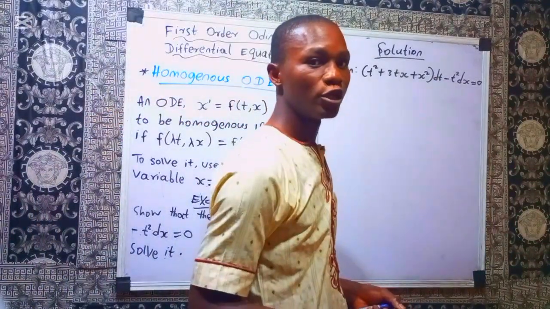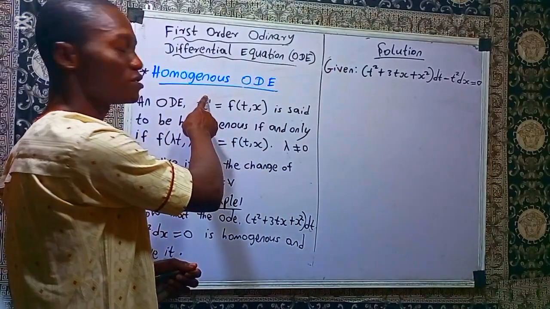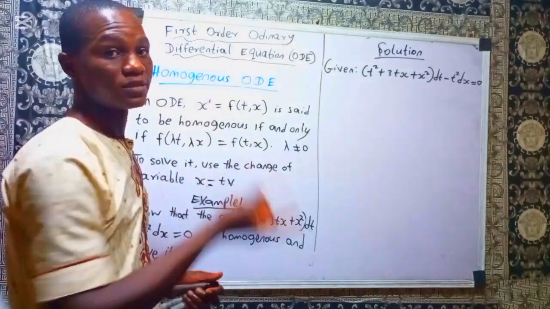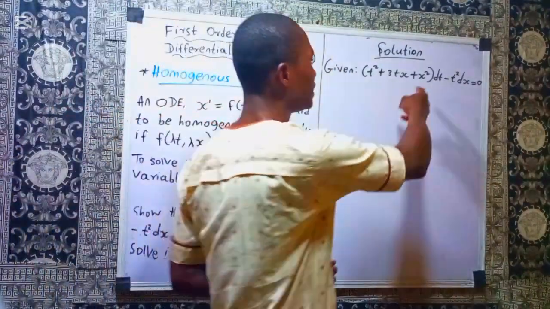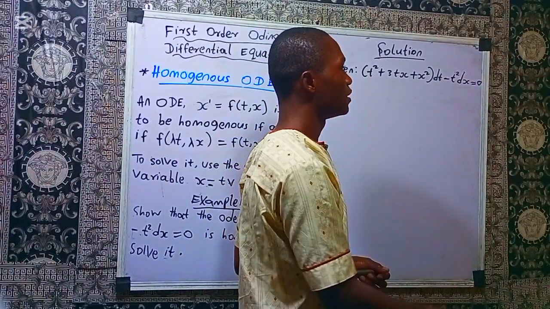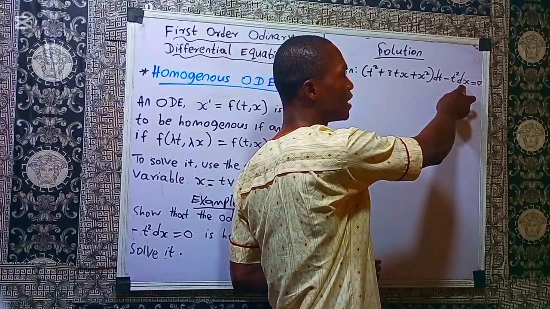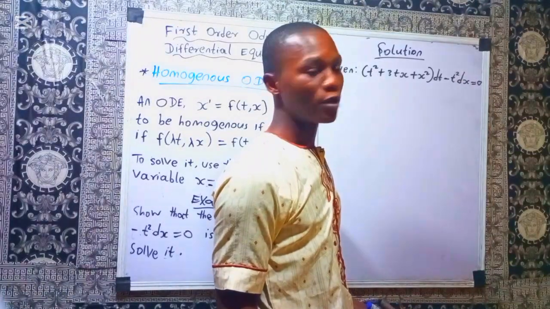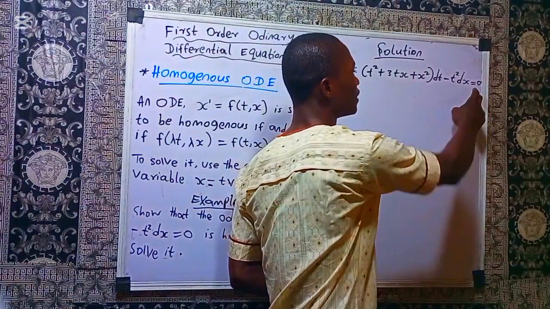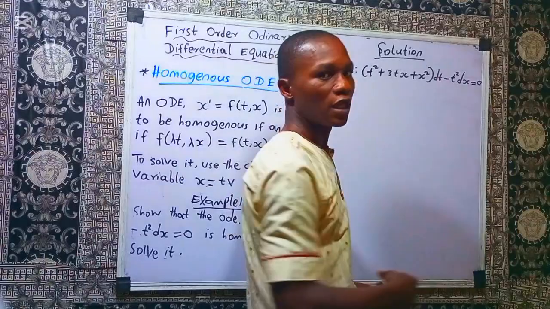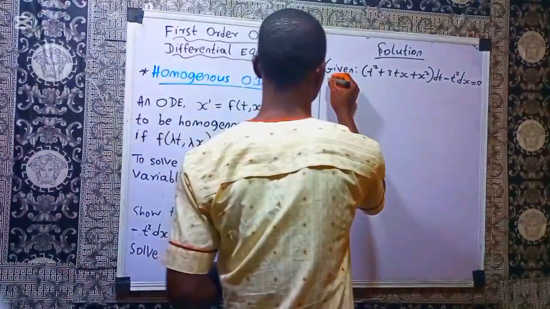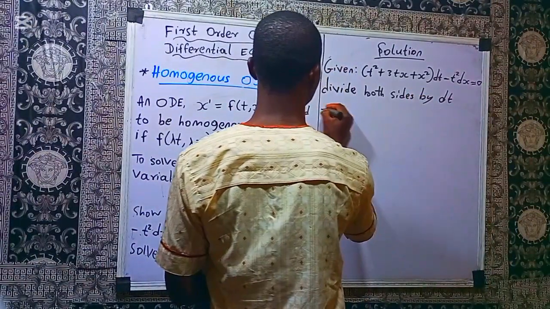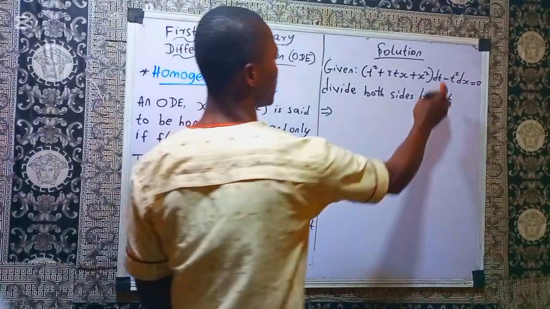This x prime is just the same thing as dx dt. So how do I get the dx dt? If I divide this dx by dt, I'll get my dx dt, which is x prime. So I have to divide this ODE by what? Dt. So let's write. I want to divide both sides by dt.